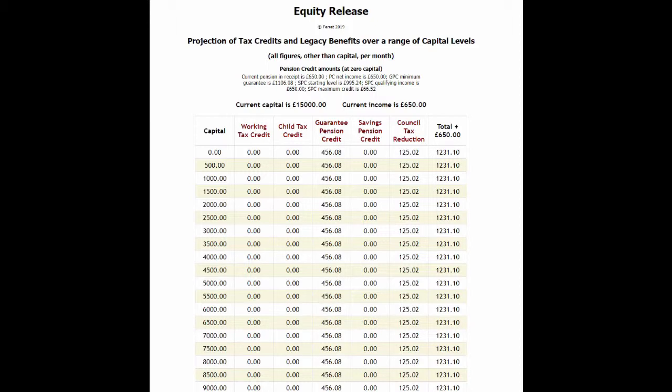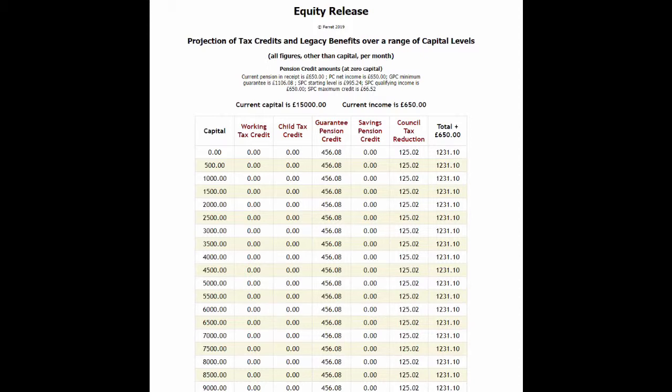We now have a table which shows at £500 intervals of capital the effect on the benefits that they receive. At this stage, the £15,000 capital they already have is included within the table.